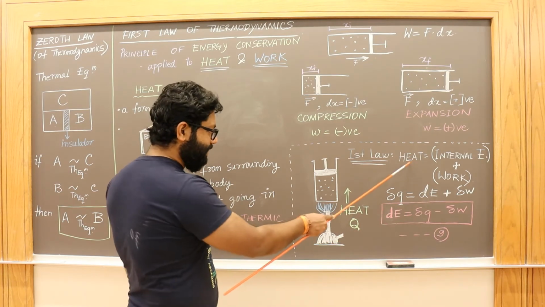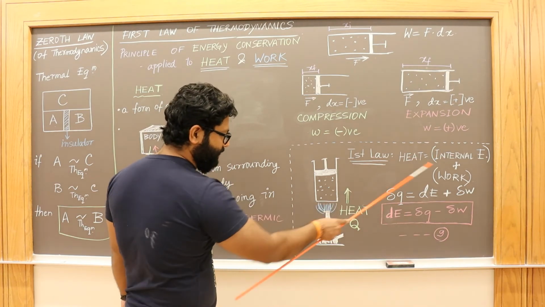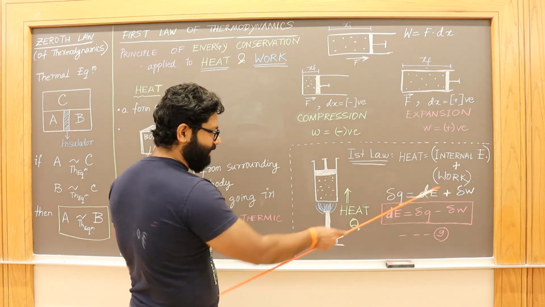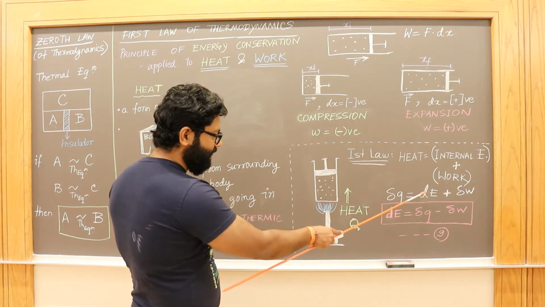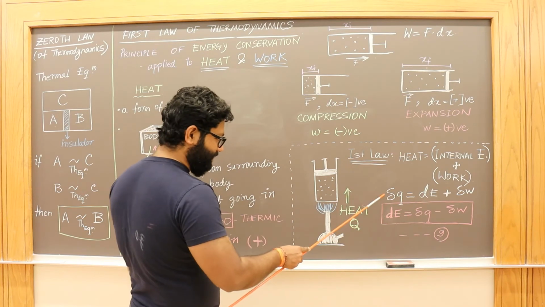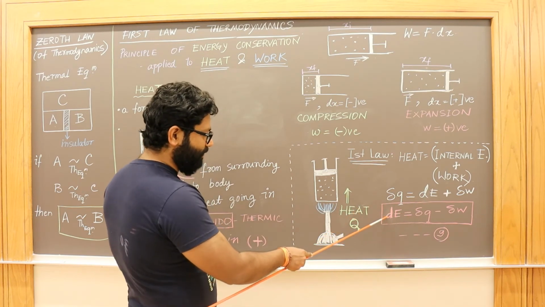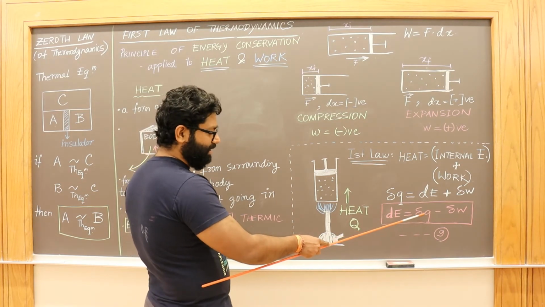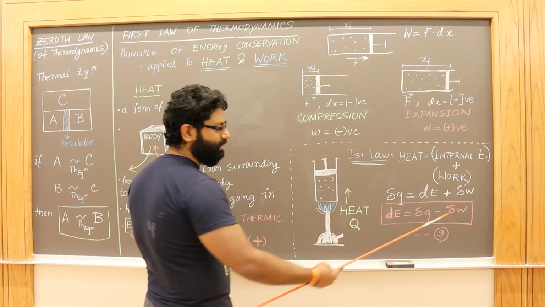Now, this equation, the heat is equal to internal energy plus work, is simply written in mathematical form here. So if we rearrange, with W on the left-hand side, dE, the internal energy change, is equal to the heat given to the system minus the work, delta W.